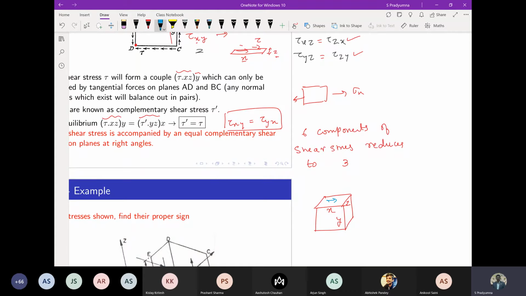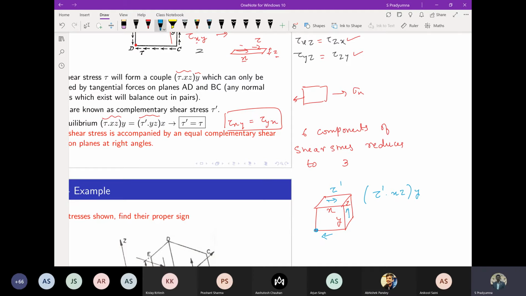Now this is the shear stress I am considering. What is the force because of that? If I consider this point, this is tau dash, for example. Tau dash is acting on a plane having dimension x into z. Shear stress into area will give me the force. Yes, I got it. That's why it is tau dash into xz is the force, multiplied by y will be the moment.